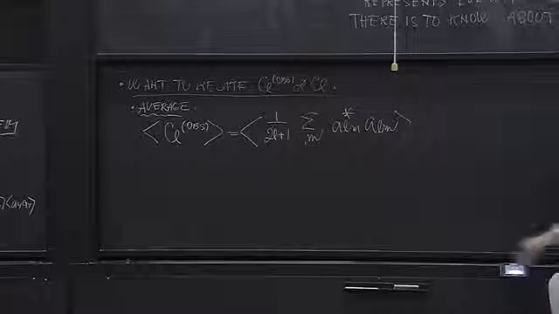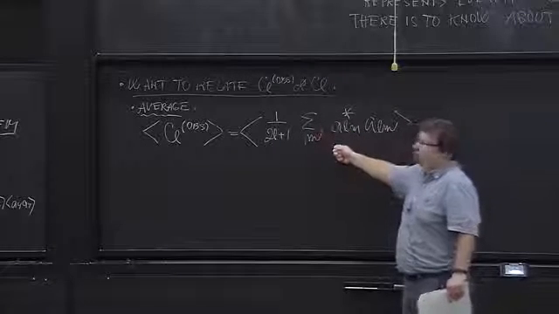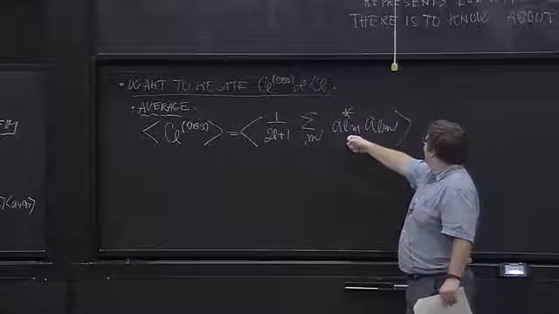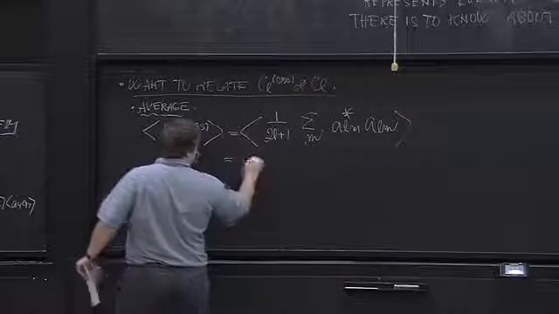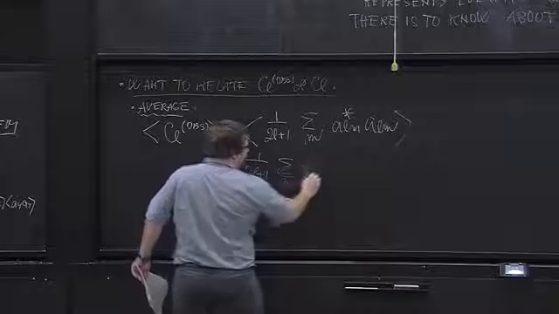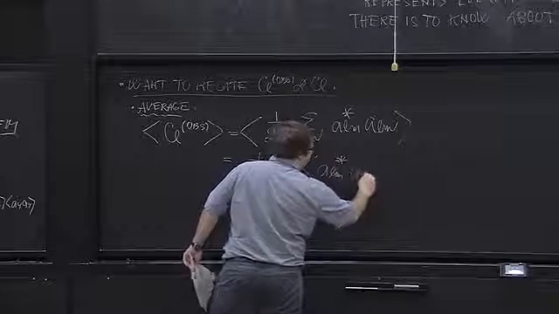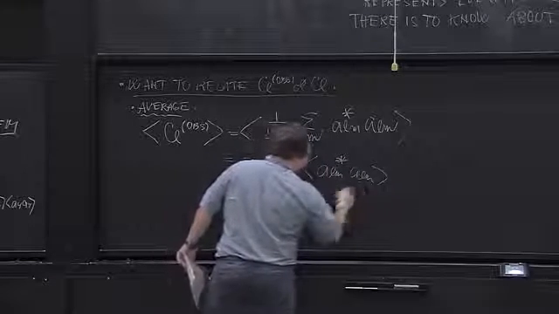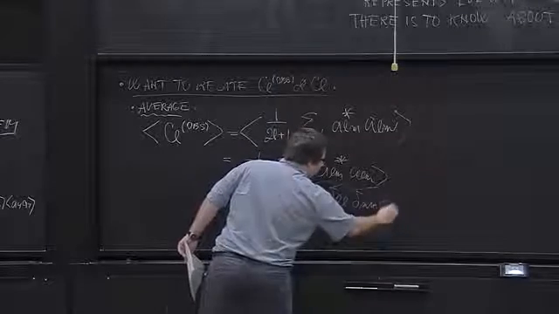So now 2L plus 1 is just a constant. I pull it out, and the average goes through the sum. So I have an average over this guy, which is delta LL delta MM CL.